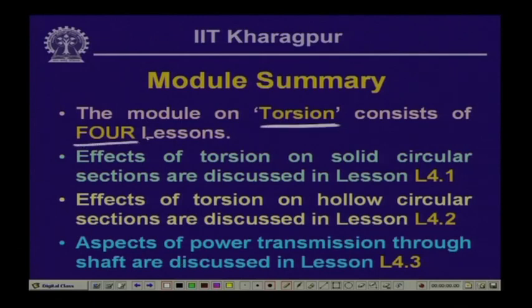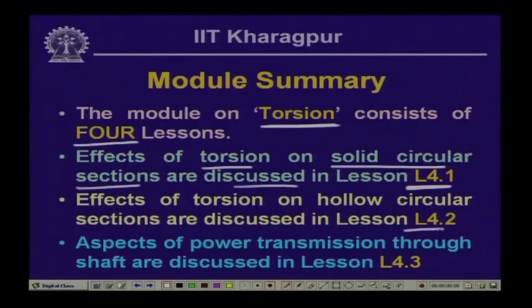In the first lesson we had discussed the effect of torsion on solid circular sections, and how to compute the stresses and the angle of rotation because of the twisting moment acting on a solid circular shaft. In lesson 2, we looked at how to compute the stresses and the angle of rotation if the twisting moment acts on a hollow shaft, and that is what we saw in lesson 4.2.